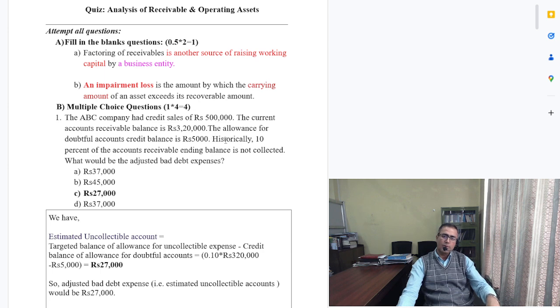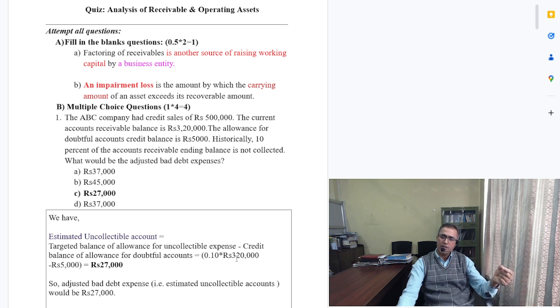Now, you are given the credit balance of doubtful accounts. So at first this question is about the estimated uncollectible account, or you can say bad debt expense. The targeted balance of doubtful accounts minus the credit balance of doubtful accounts is what you need to consider here.